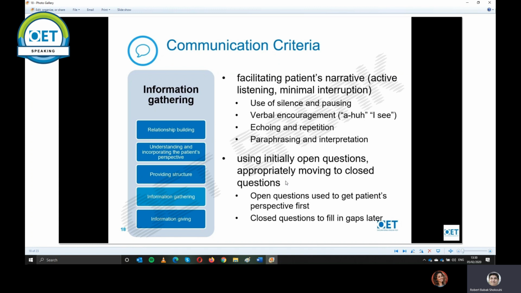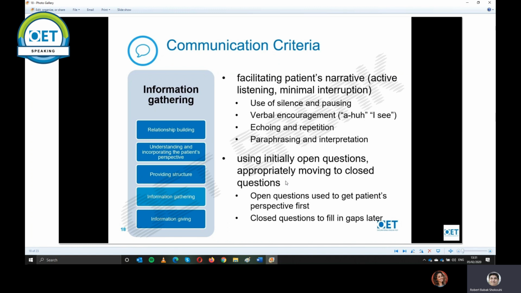And now, after you ask these WH questions, you go to fill in the gaps and you say, did you have any other symptoms? This is the yes/no question. Yes. What was it? Stomach pain. Okay. Did it go anywhere? Yes, it went to my back. Okay. So basically, you ask closed questions to fill in the gaps that you need to make a decision.